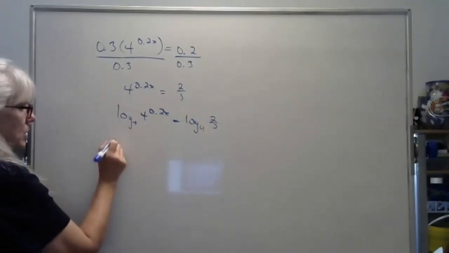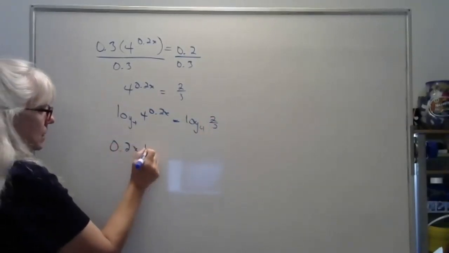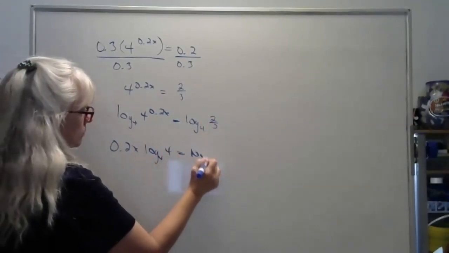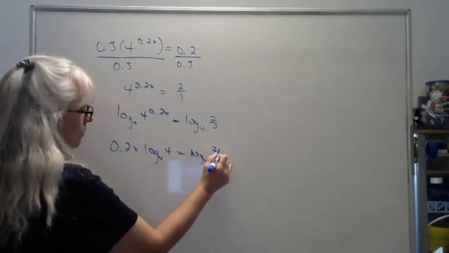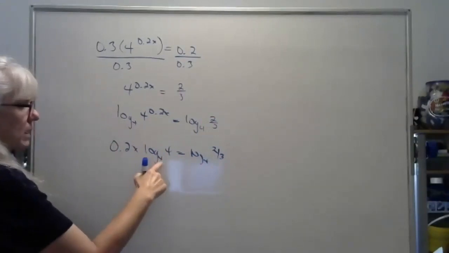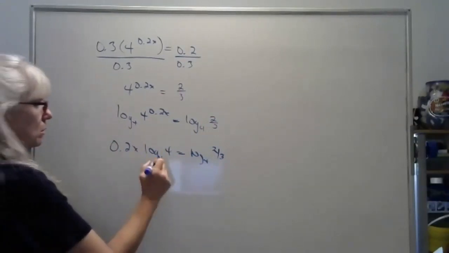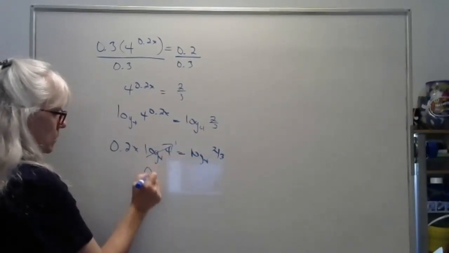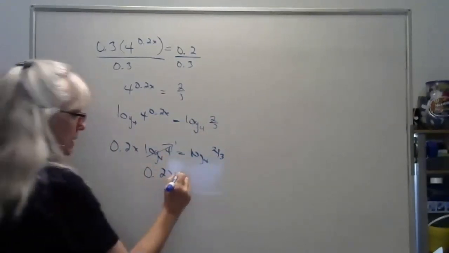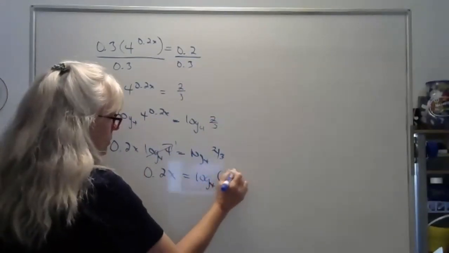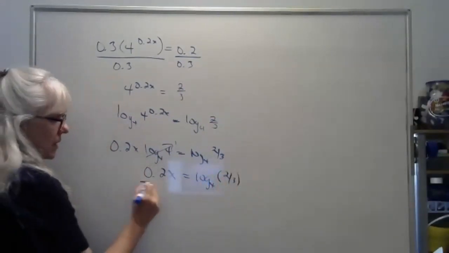Well, on the left side, when you bring the exponent out in front, you're left with log base 4 of 4. And what is log base 4 of 4? From last week? 1. Yep, that's 1. So I just end up with 0.2x equals log base 4 of 2/3. And then your final step is divide by 0.2.